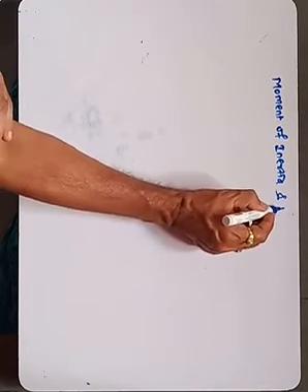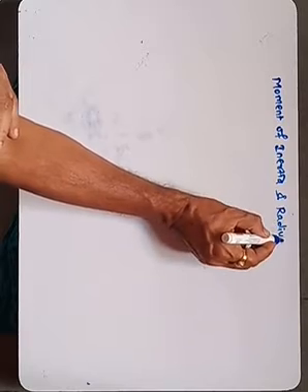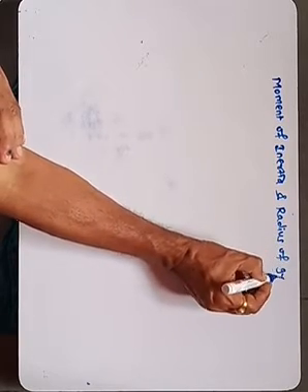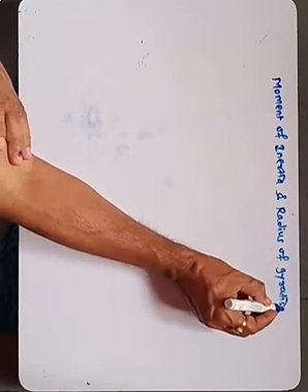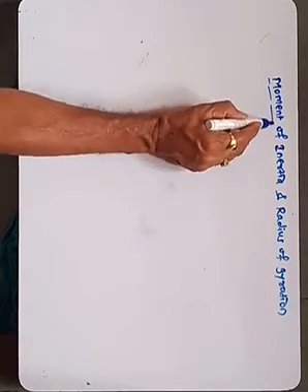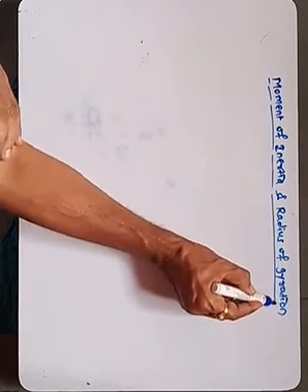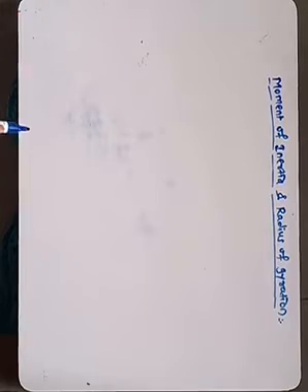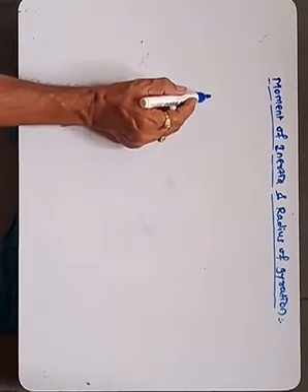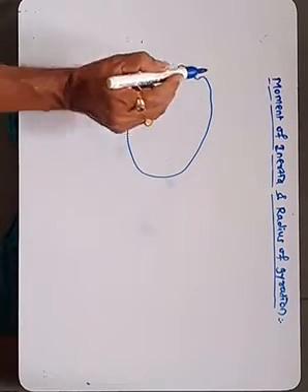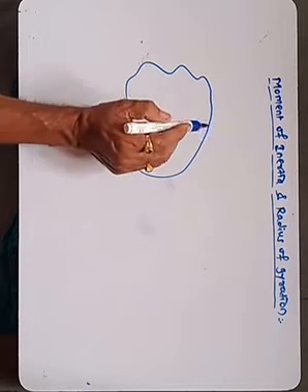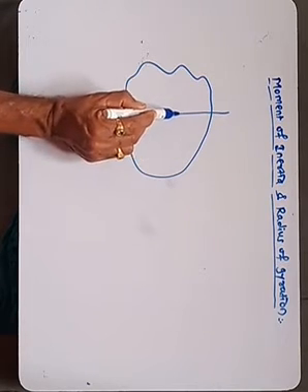Now we consider another topic, moment of inertia and radius of gyration. See here. Suppose we consider a body of any shape, and this is the axis of rotation.